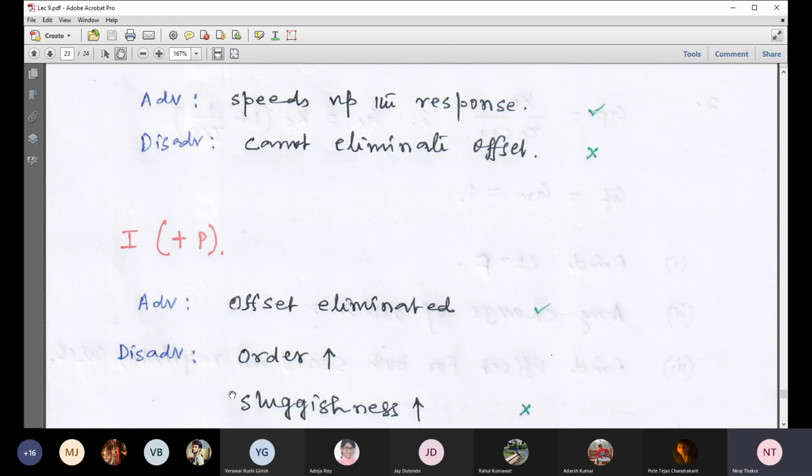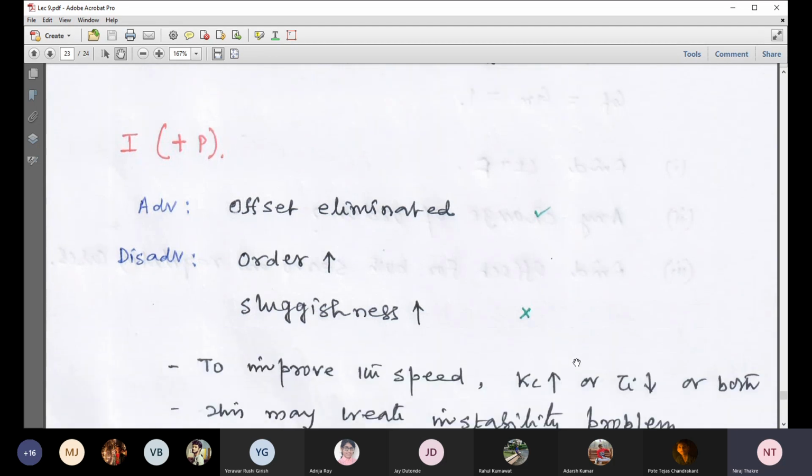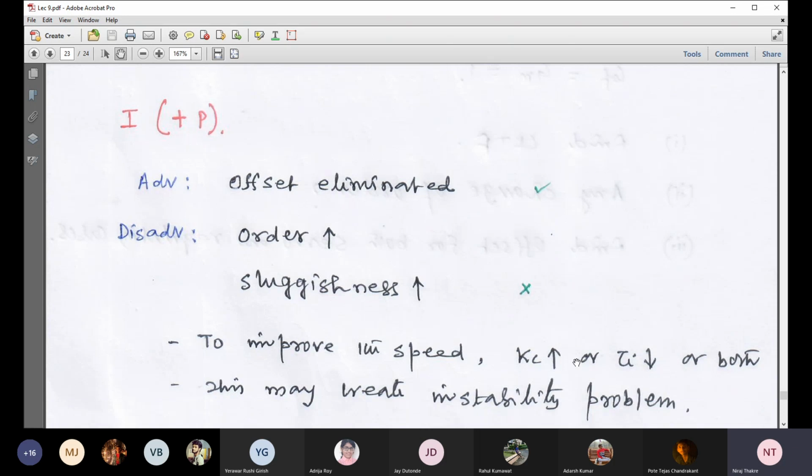If the response becomes sluggish, we want to speed it up again. So we have two keys. Either we can increase Kc or we can decrease tau I, because tau I is present in the denominator, or both. But in that case, we may have an instability problem.